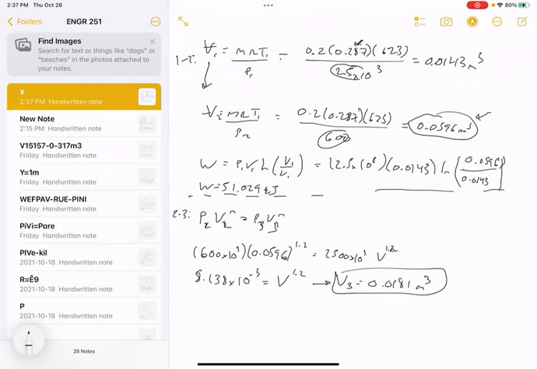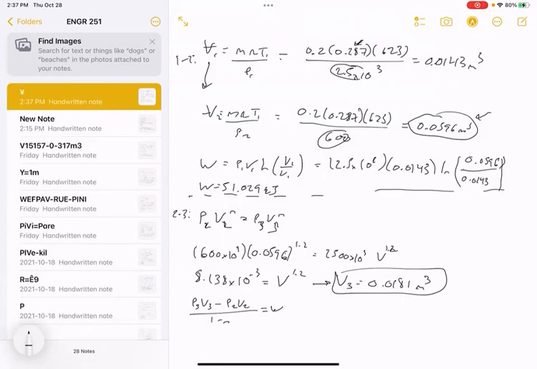In the case of a polytropic process, we're going to say P3 V3, so the final state, minus P2 V2, the initial state, over 1 minus n is the work. Now for us, we know all of these parameters, we just have to substitute them in. So P3 is 2,500 times 10 to the 3.